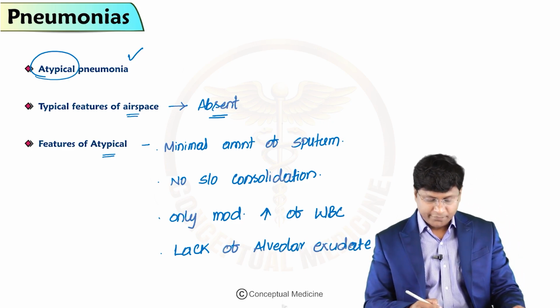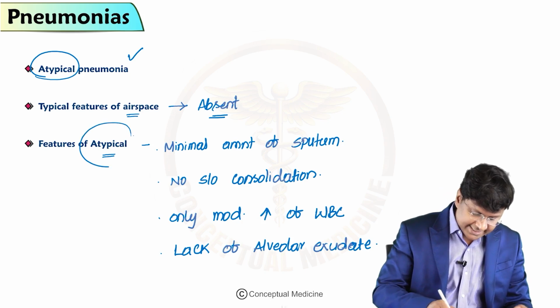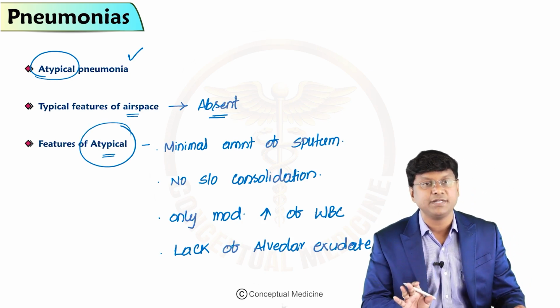Right, there is also lack of alveolar exudate. So these are the features of the atypical pneumonias.